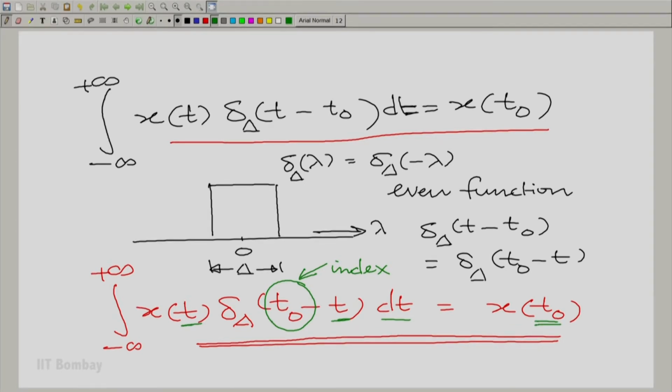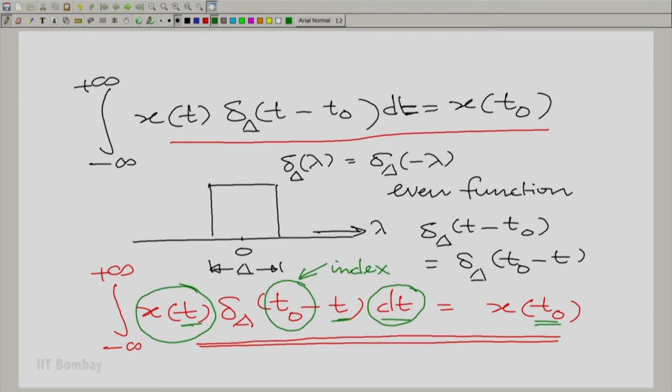So, if you take the value of the function x at a particular point t, which is x at t, and multiply it by a narrow pulse which is essentially centered around any point t0, and take a sum over all such t, and that sum becomes an integral in the limit. A totally different interpretation.